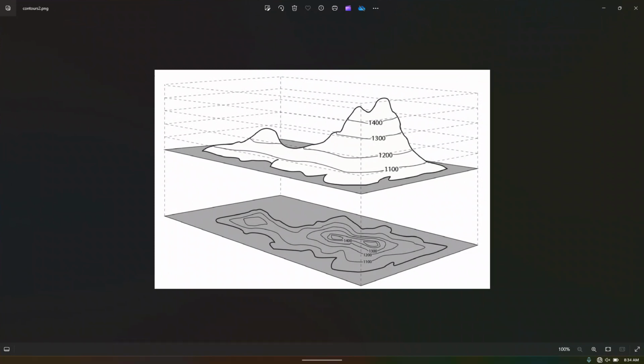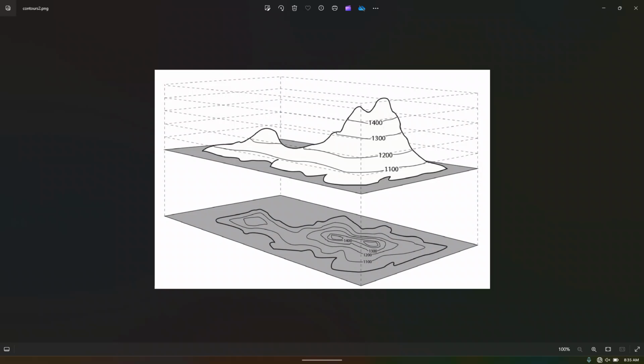If you have a mountain here, these are the different trajectories at which you will be at the same height: 1100, 1200, 1400 meters, for instance. And if you were to project this onto the XY plane, you would get circles or closed curves, so to speak, that create regions, the same as the map I just showed you for the Legend of Zelda video game, all right?